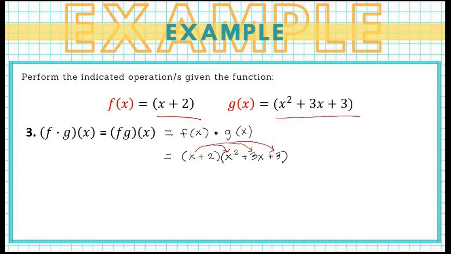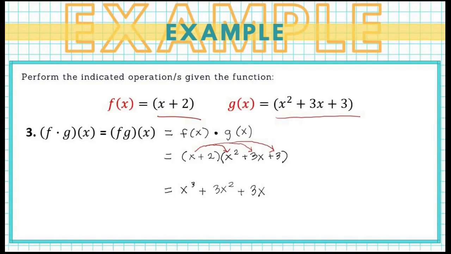So the result will now become x times x squared is x cubed, then x times 3x is positive 3x squared, and lastly x times 3 is positive 3x. Now we're done multiplying the first term of the first factor.